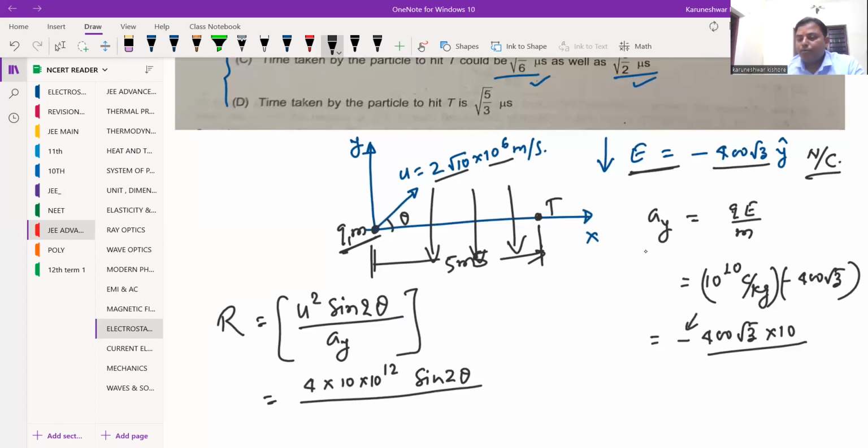So the magnitude of acceleration is 10 to the power 10 into 400 root 3. And the range, where the target is, is 5 meter away from the projection.